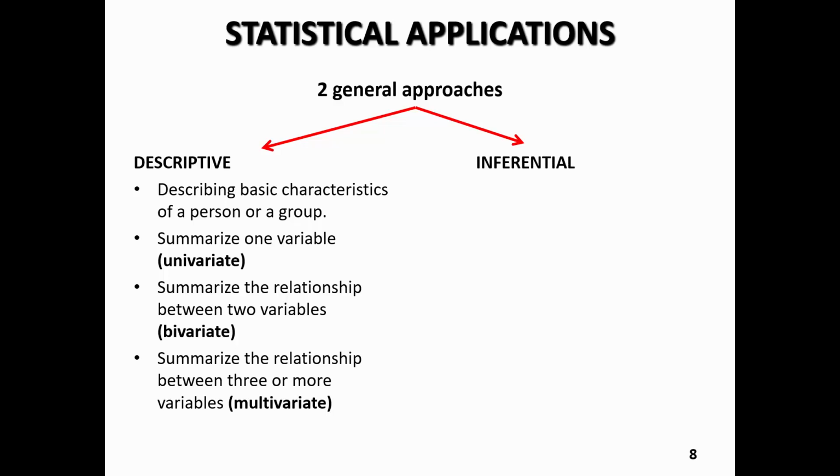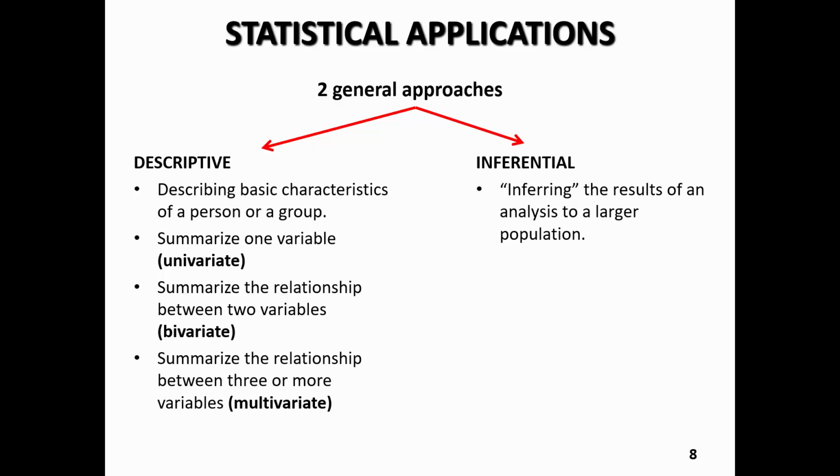Oftentimes, research investigations want to take an inferential approach, and inferential statistics refer to another set of equations and formulas that will allow us to draw more cause and effect conclusions to the research question.